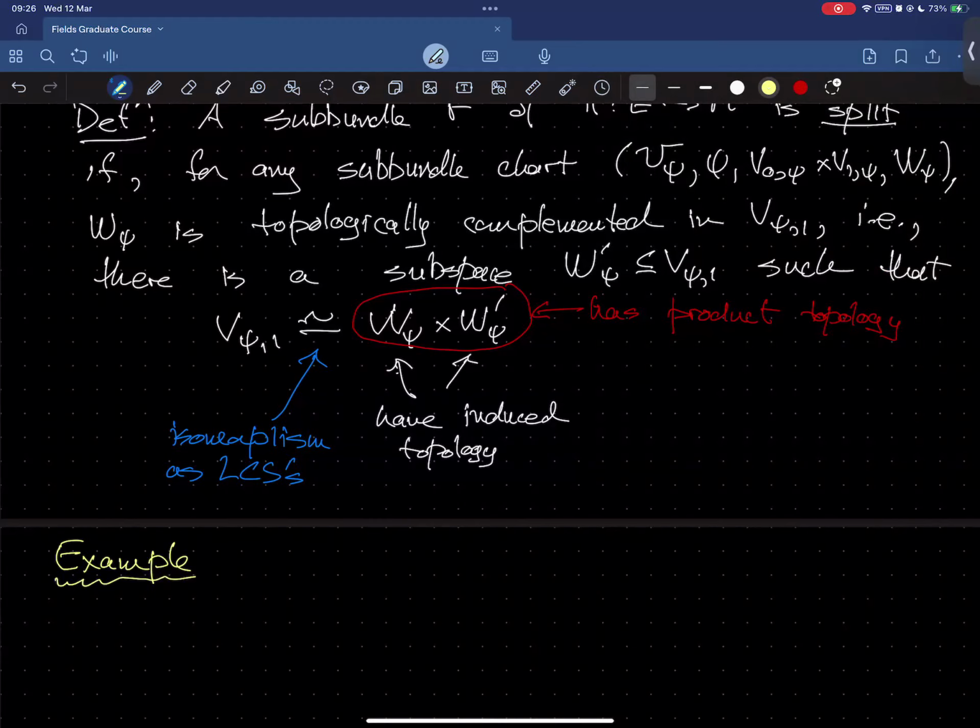Okay, so let's take sequence spaces. Let's just talk about sequences of real numbers.